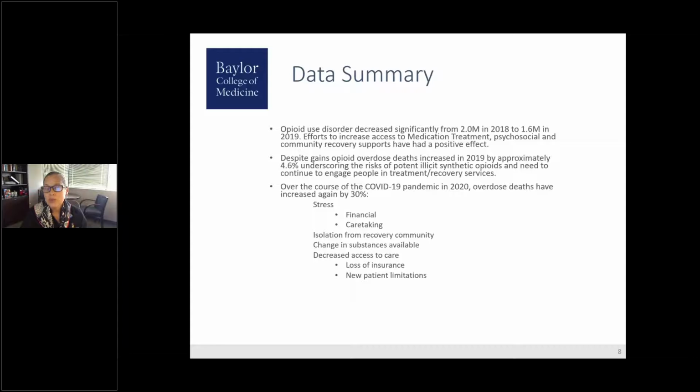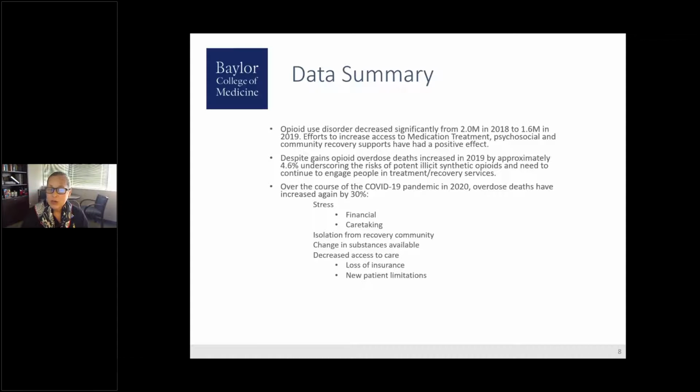So initially we saw a drop in some illicit substances and disruption of supply chains across borders, but that rapidly shifted again, and we saw a resumption of those routes of distribution.